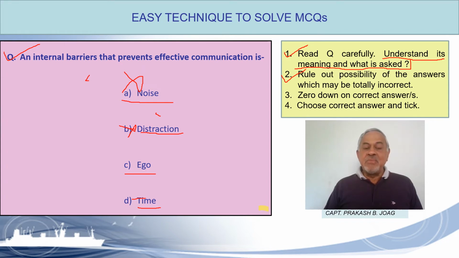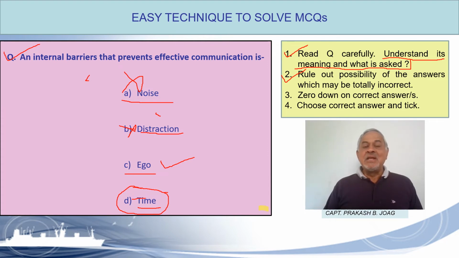So this can be a correct option. So we will keep it aside. Okay. And let us see the fourth option, which is given as time. So can time be an internal barrier? But time is an external barrier, because the clock is running and time is going on. So time has nothing to do with your internal feelings.